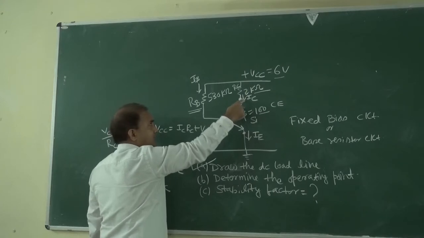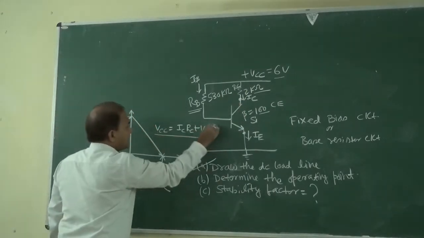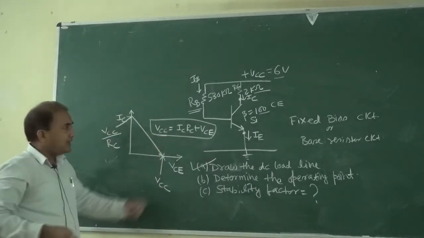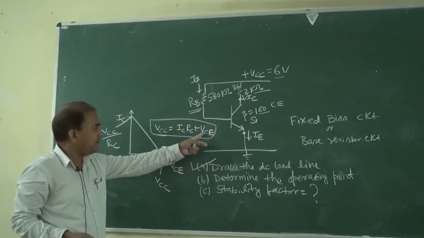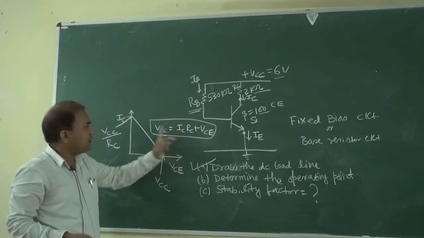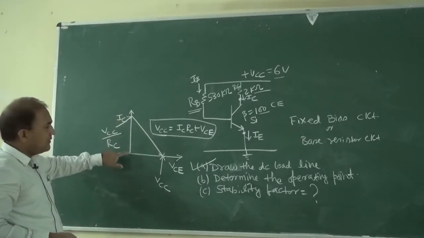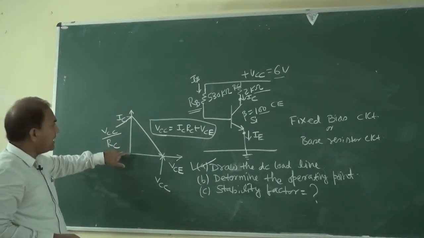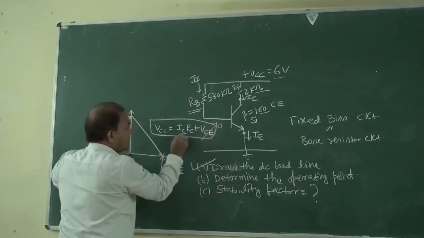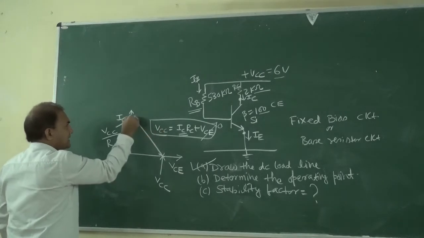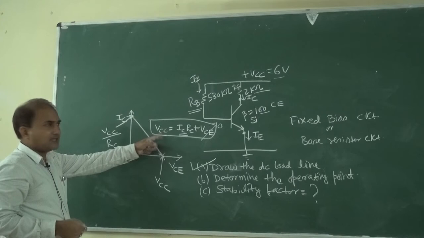Now if VCE is equal to 0, then IC is equal to VCC by RC. On this axis VCE is equal to 0. So this point can be determined by using this equation.